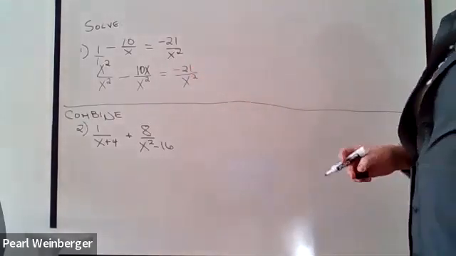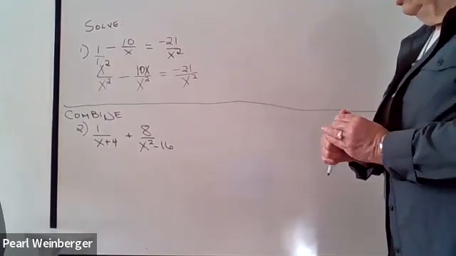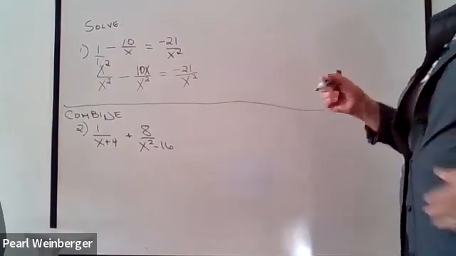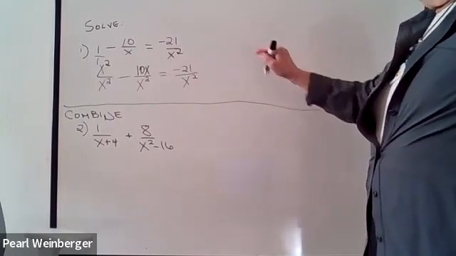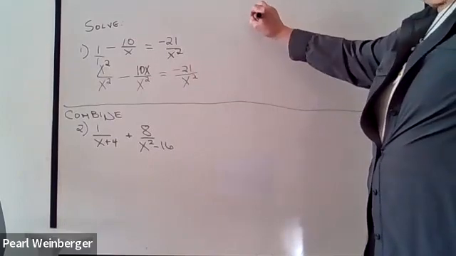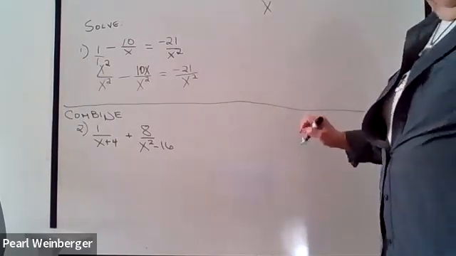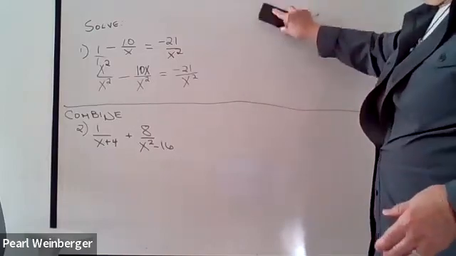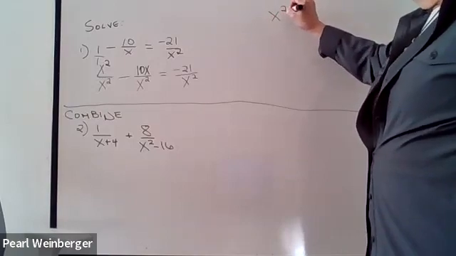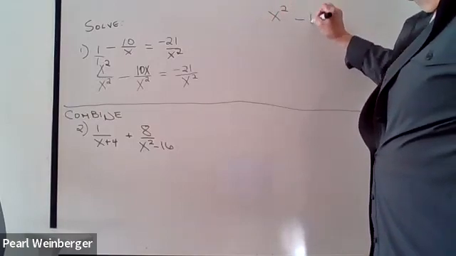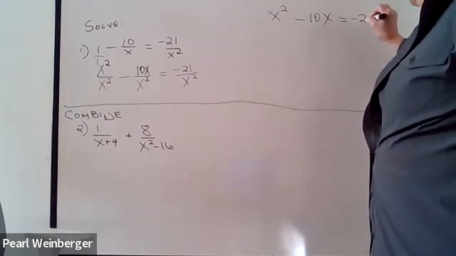So I have rewritten each of these fractions with the same common denominator. Because it's an equation, I can then just write the equation of the numerators. The numerators are going to be x squared minus 10x equals negative 21.